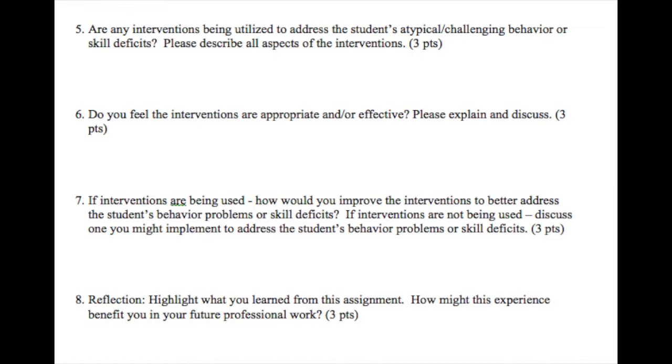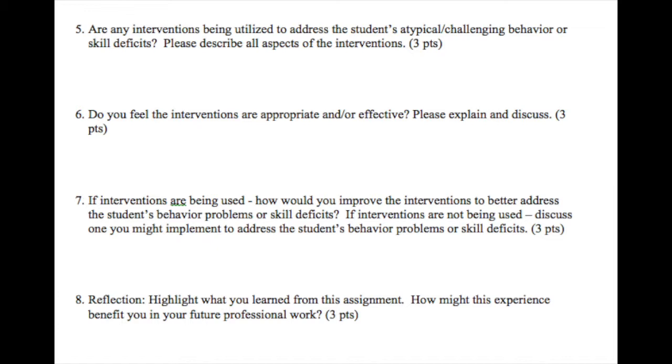So maybe in your observation you saw that they were hitting other students or they weren't paying attention. You can use some of that from your observation to support why you think it's effective or not effective. If you did not observe or there's not a behavioral intervention in place, again, talk about the intervention that is in place that you talked about in question 5.